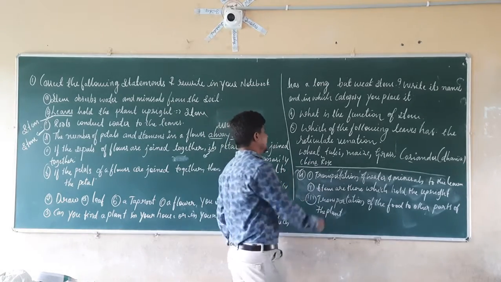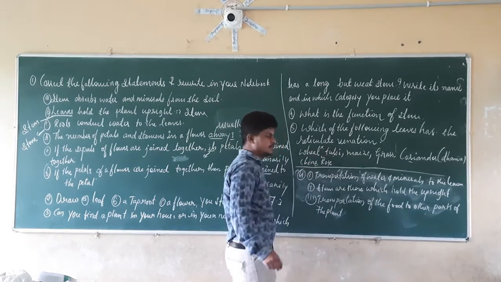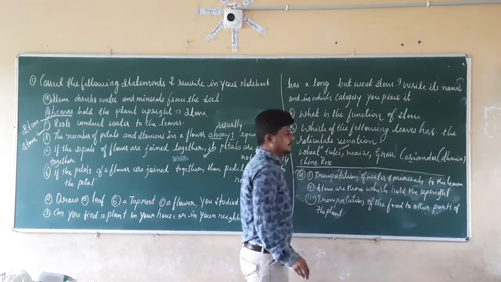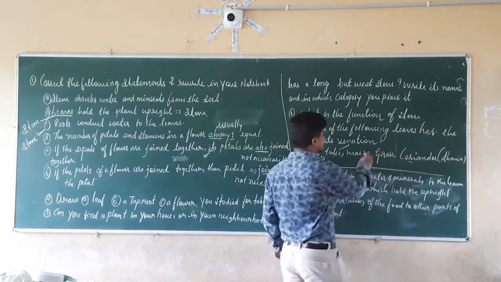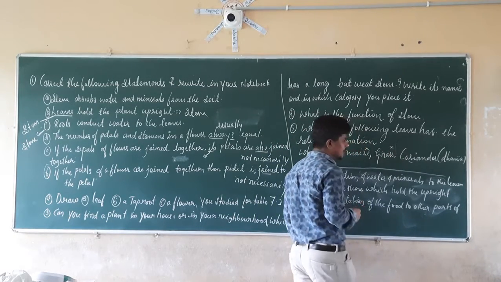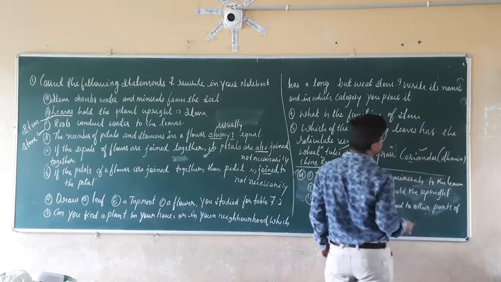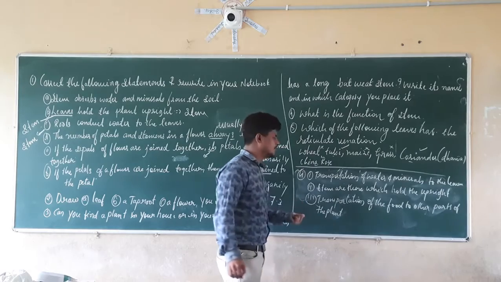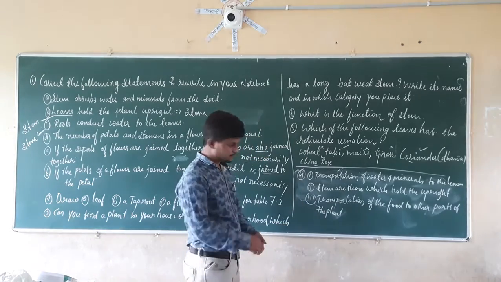Wheat doesn't have reticulate venation. Tulsi has reticulate venation. Maize has parallel venation, so it is a wrong answer. Grass has parallel venation, also a wrong answer. Coriander has reticulate venation, so it is a right answer. Coriander means dhania. And China rose has reticulate venation.